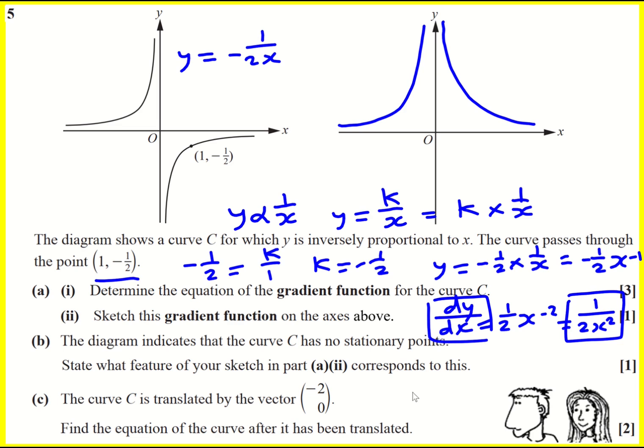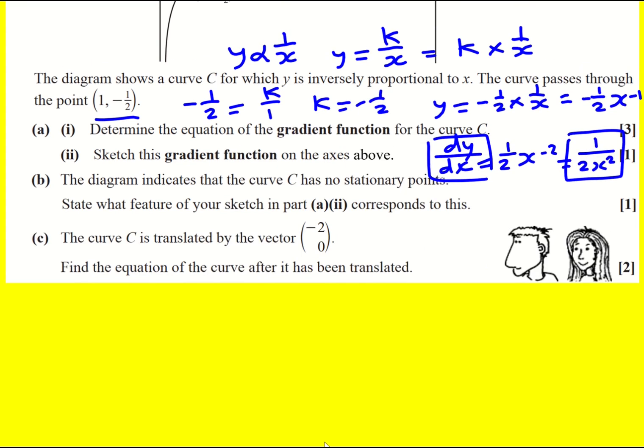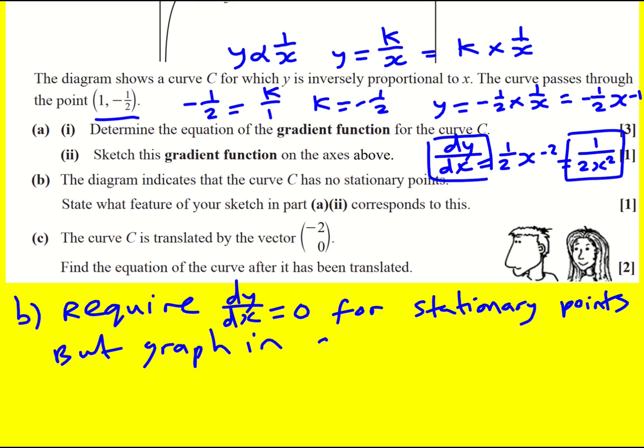Well, to get a stationary point, you have to have dy by dx equals 0. This is only 1 mark, but it's worth writing that down. But the graph in part 2 never reaches 0.